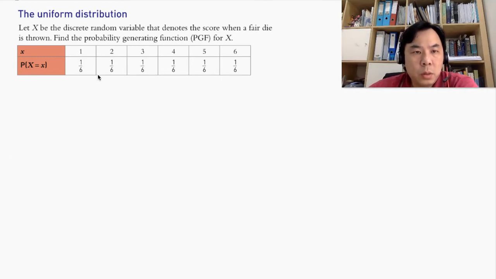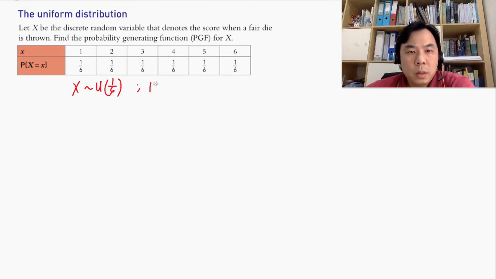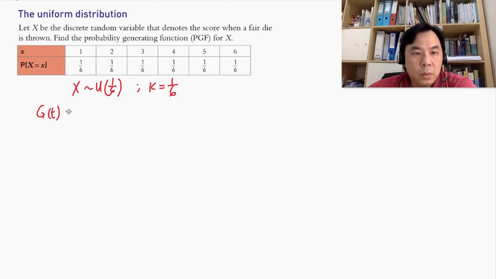Therefore, we can denote this distribution as X being uniformly distributed with a constant probability of 1 over 6 here. Now we are supposed to generate the probability generating function, PGF, for X. The first step is to write down the function in terms of t.